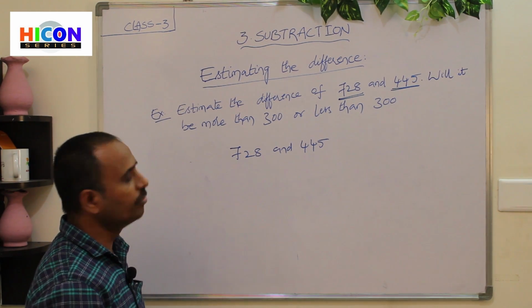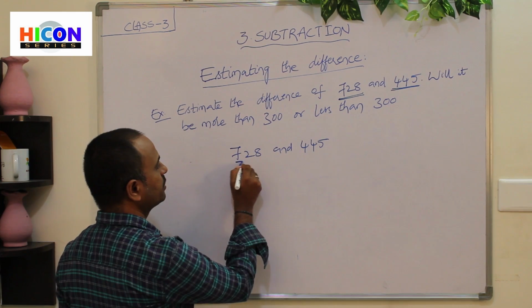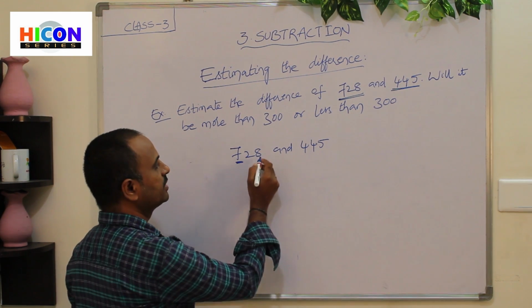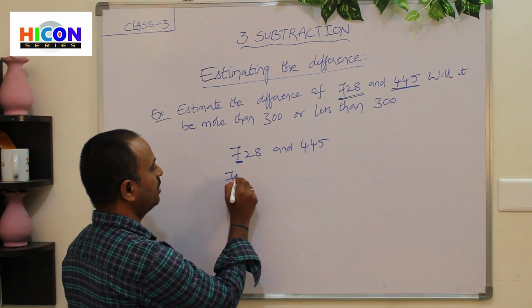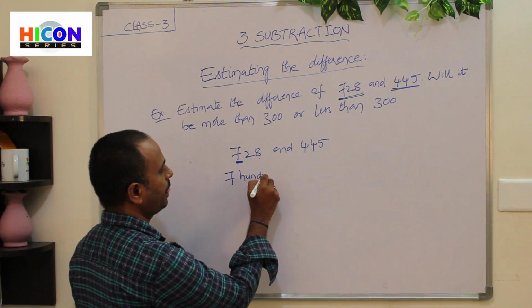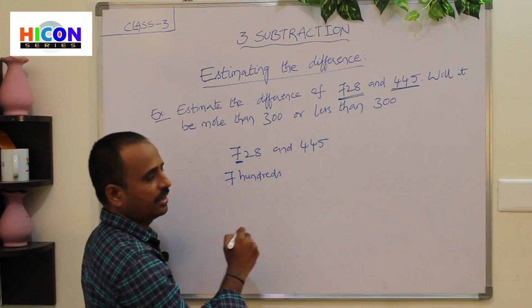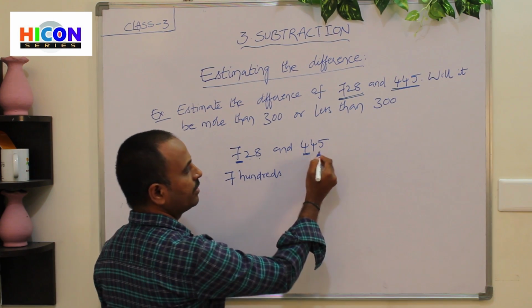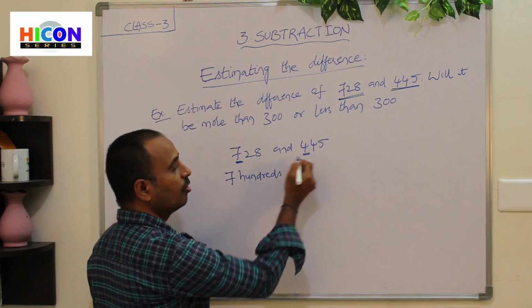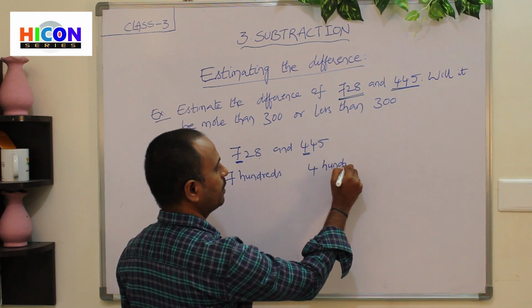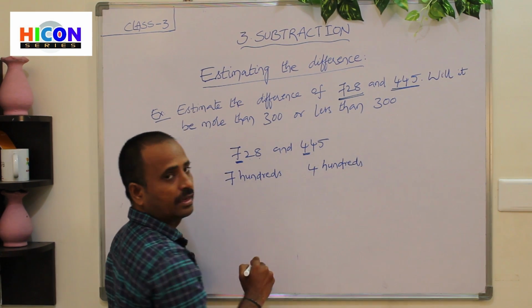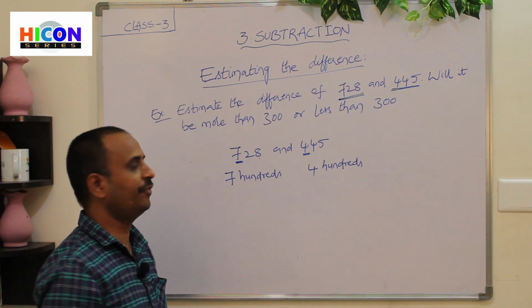And how many hundreds are there here? So this is ones place, tens place, hundreds place. That means there are 7 hundreds. And how many hundreds are here? Ones, tens, hundreds. There are 4 hundreds. And now we have to find the difference.